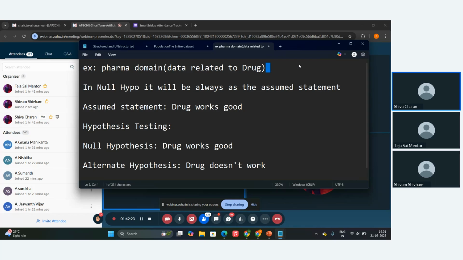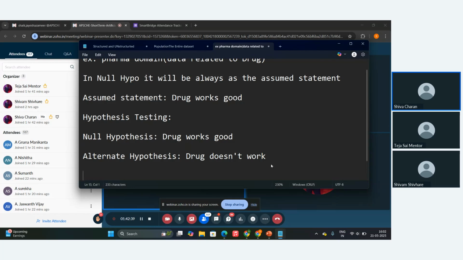These are all the questions which will be popping up. Based on those columns and considering the mean and standard deviation values, we'll be doing a test called the p-value test.